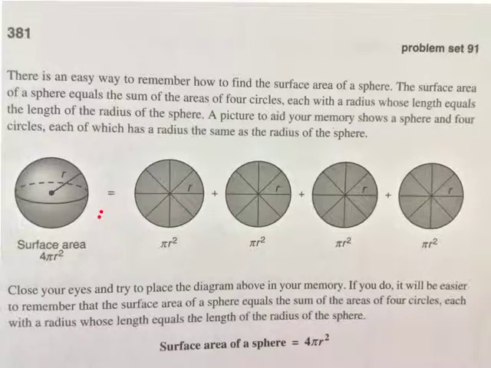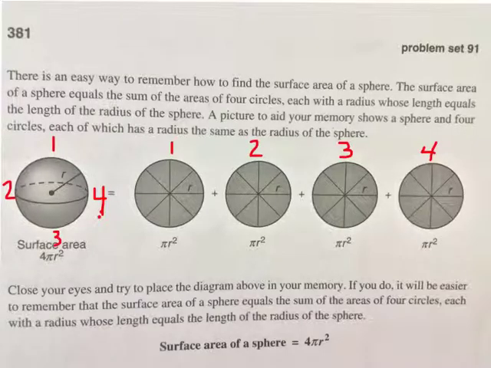So you've got the sphere, which is a three-dimensional object, and then you've got 4 flat circles, 1 plus 2 plus 3 plus 4. So if you could think of this as being side 1, side 2, side 3, and side 4 of the sphere, they all have the same radius.